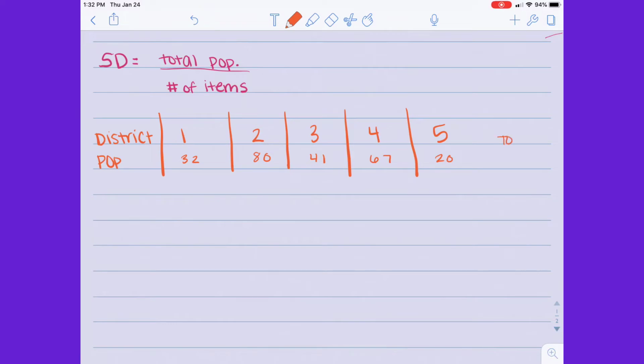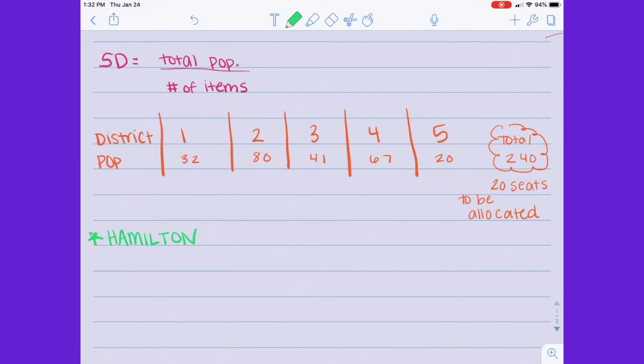So just so you know, that creates a total of 240. And let's pretend that we have 20 seats that need to be allocated. Again, I'm going to begin by deciding what method I want to utilize. So we're going to begin with Hamilton.